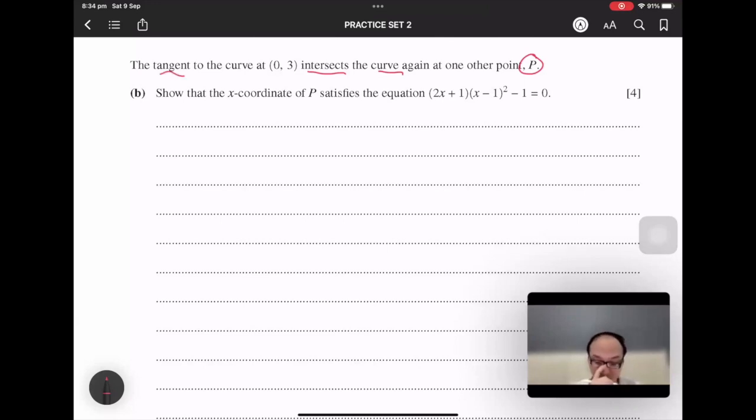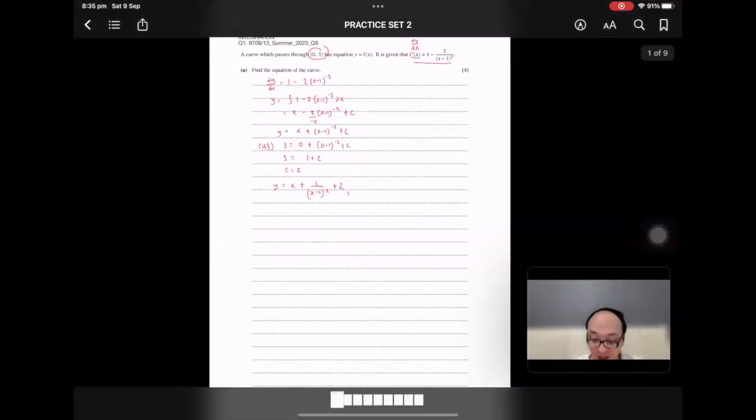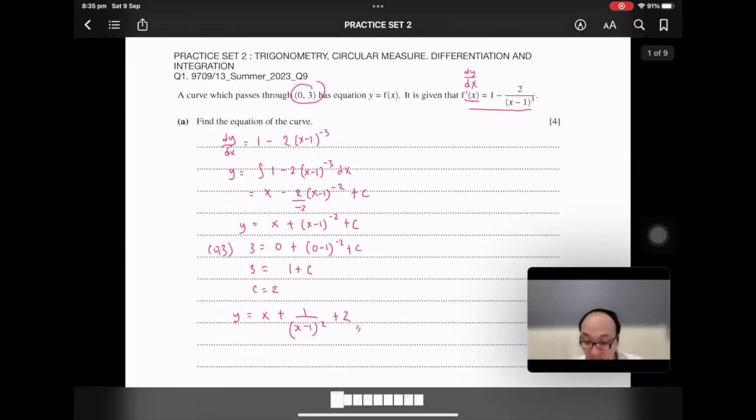To find it, we need the gradient. So we can use dy/dx = 1 - 2/(x - 1)^3.